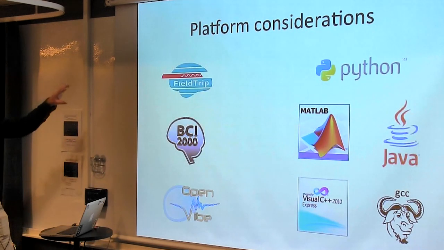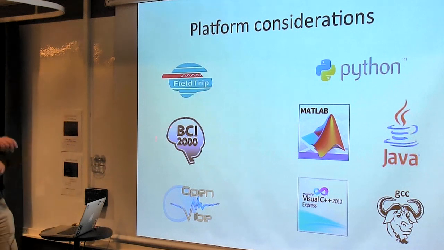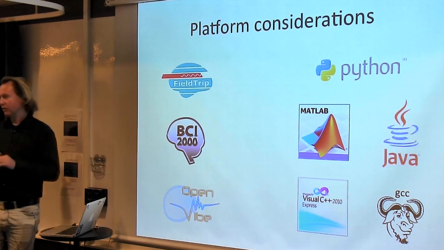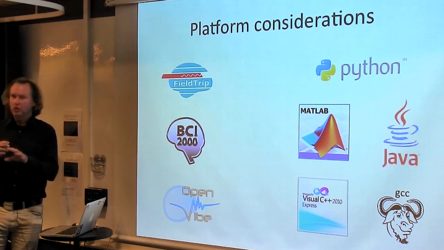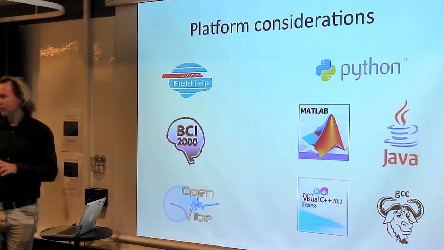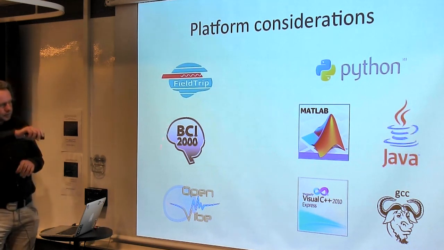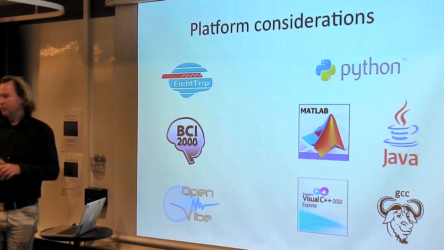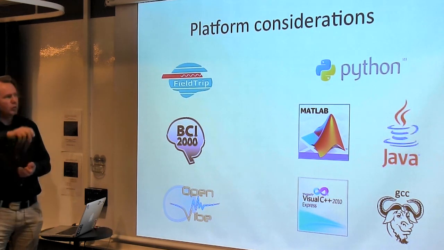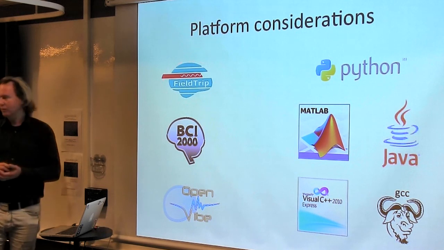Looking at the different platforms, I would say BCI2000 and OpenViBE are really nice platforms if you want to use them off the shelf, and they're really better than FieldTrip together with MATLAB. However, if you want to extend them, it's your consideration, but probably it's going to be faster if you use the FieldTrip buffer.